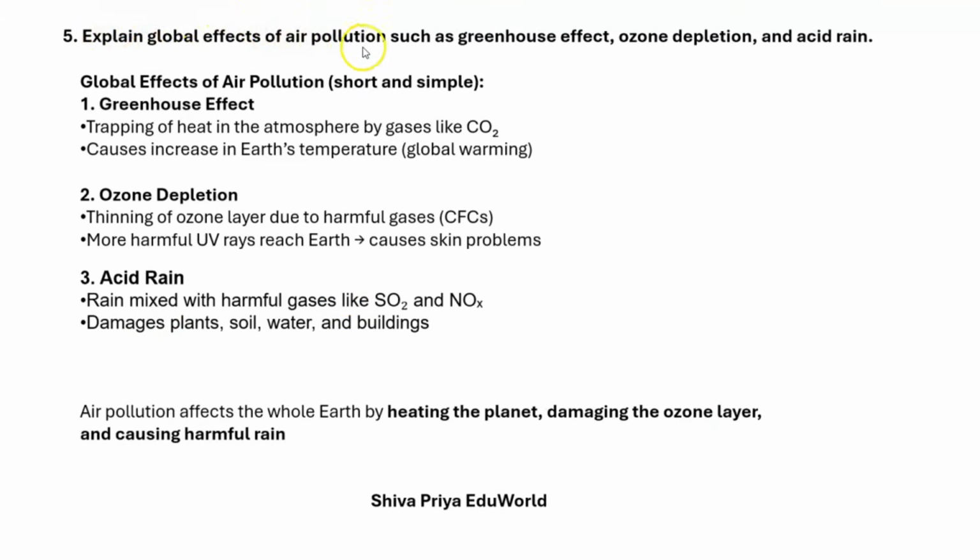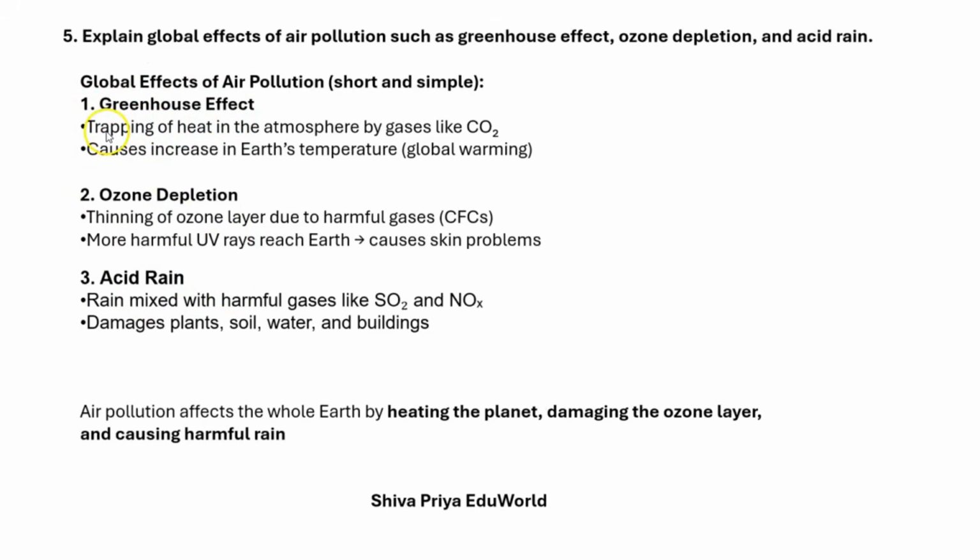Explain global effects of air pollution such as greenhouse effect, ozone depletion and acid rain. Here we have the greenhouse effect, as I already told you, but we have to mention it once again. We have the greenhouse effect, ozone depletion and acid rain. Again, you have to explain one by one in detail.